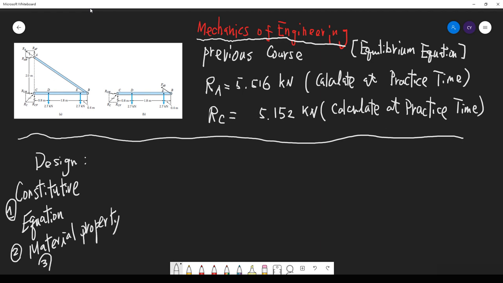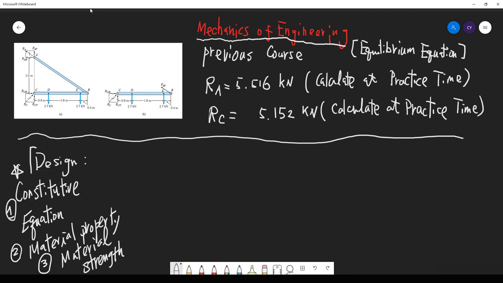And the third is material strength. This is new, you learn it in mechanics of materials.